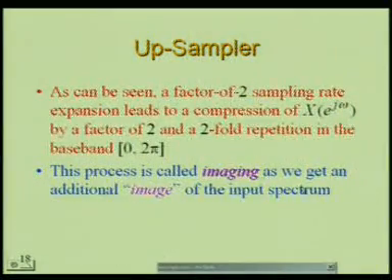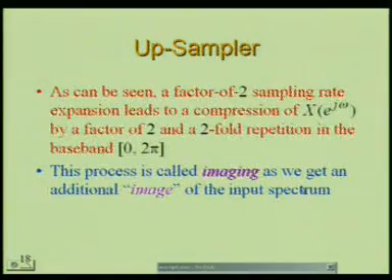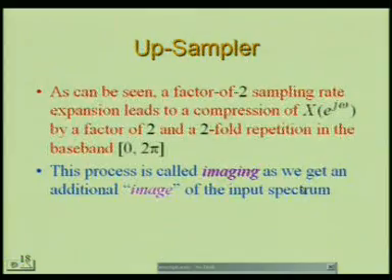This process is called imaging, as we get an additional image of the input spectrum. This is a very interesting point which should be noted.